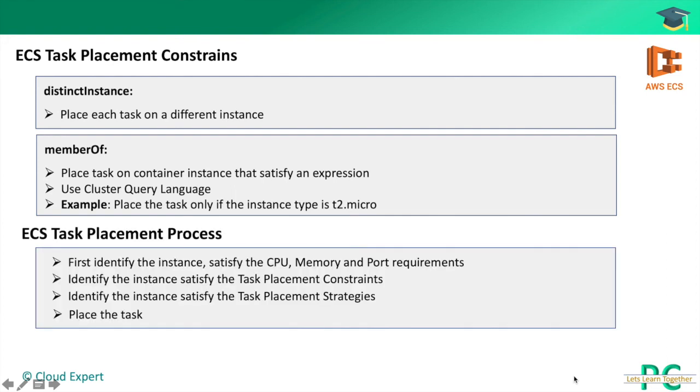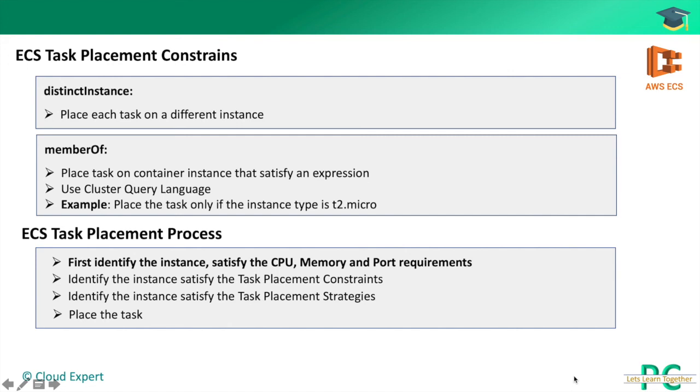Since we explored task placement strategies and task placement constraints, now let's explore how ECS places the task, or the ECS task placement process. First, ECS will identify the instances that satisfy CPU, memory, and port requirements.